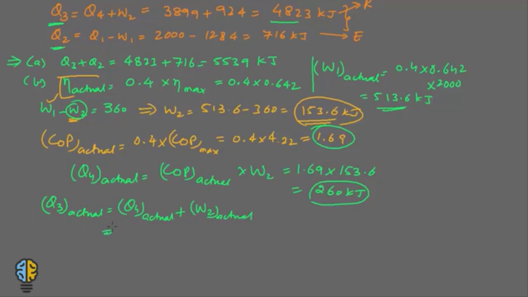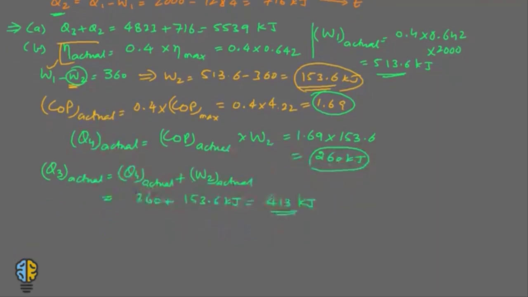So you just put in the values: 260 plus W2, which is 153.6 kilojoules, and this will give you around 413 kilojoules. Let's just take this value.